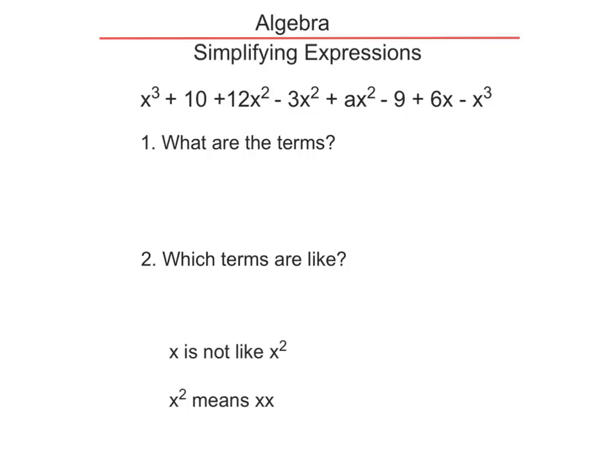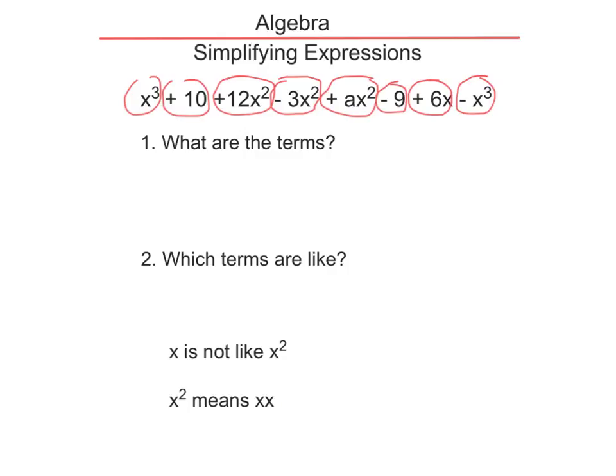When I look at this expression at the top, you'll notice there's an x cubed, a plus 10, a plus 12x squared, a subtract 3x squared, a plus ax squared, a subtract 9, a plus 6x, and a subtract x cubed. Now looking at that, you can see I've got 1, 2, 3, 4, 5, 6, 7, 8 terms.